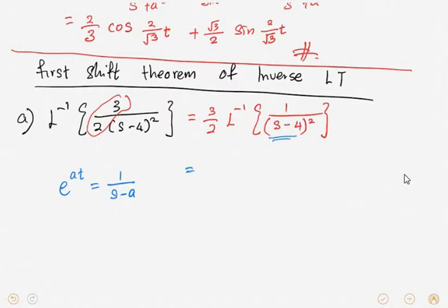So again, 3 over (2s minus 4), we can change to exponent 4t for this part. And then we are still left with 1 over s squared.